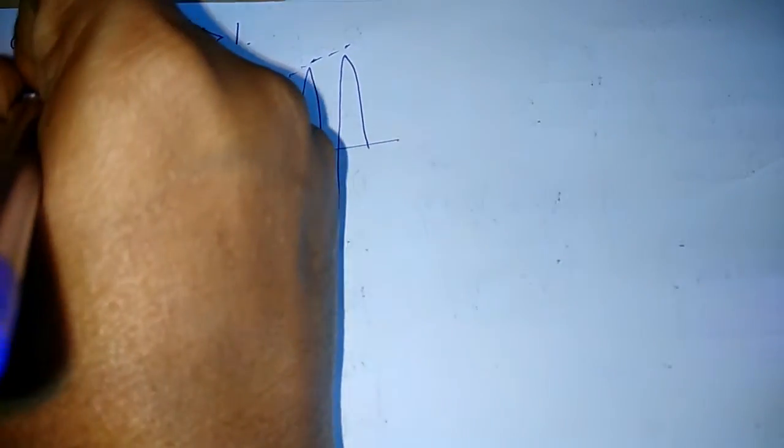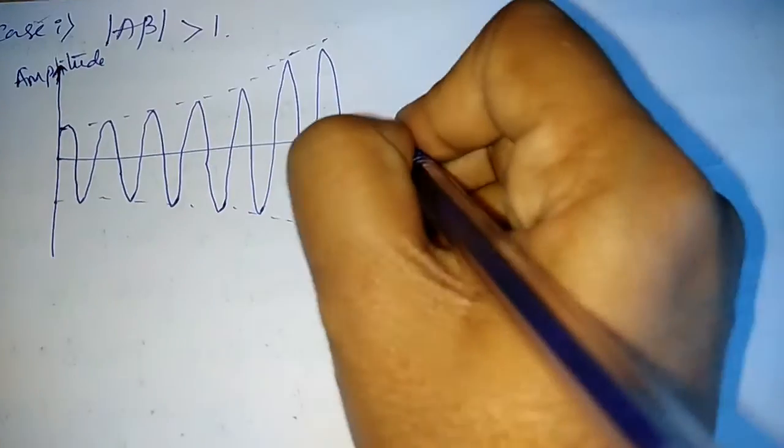You'll get growing signals like this, where this is amplitude and this is time.